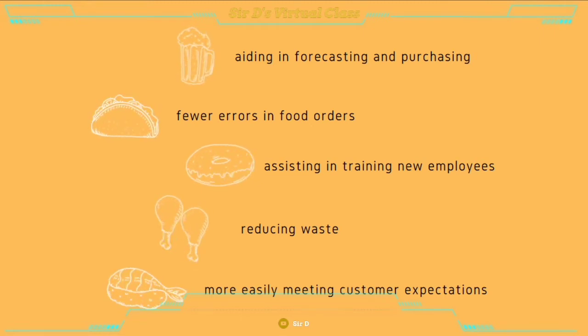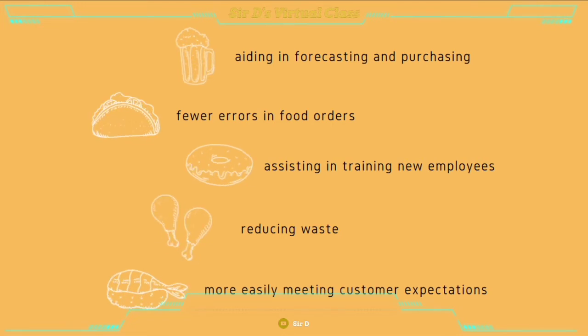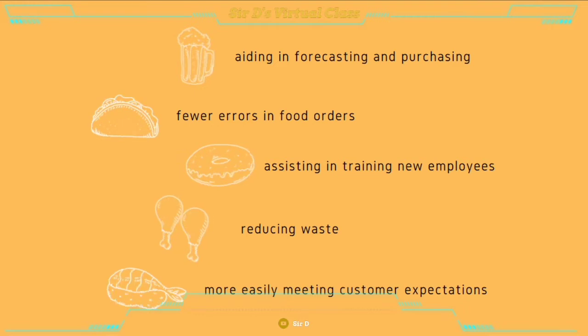By having a standardized recipe, all other ingredients that will be left out from the dish can be utilized into other food products. More easily meeting customer expectations. A standardized recipe will definitely give quality food products.